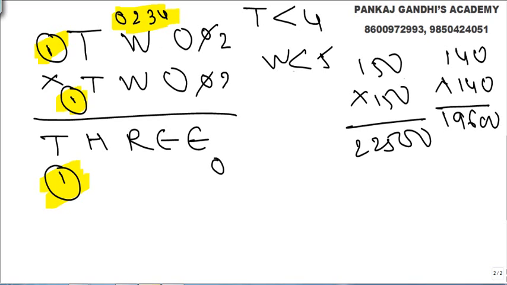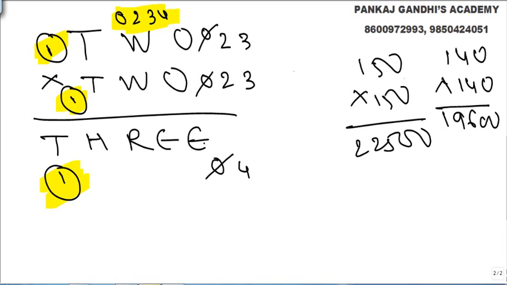T is already 1, not possible. 2. 2 into 2, it can be 4. It can work out. 2 is one of the possibilities. We take 3. 3 into 3, O into O is a different digit E. 3 into 3, 9, possibility. 4 into 4, 16, a possibility.